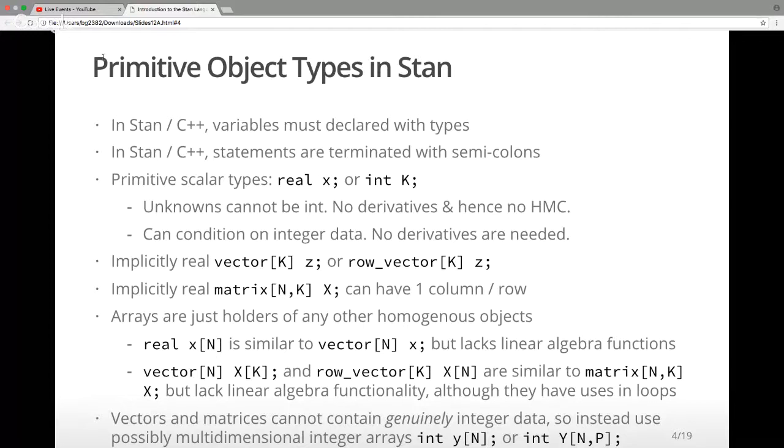This is basically declaring an integer array in 2 dimensions that has n rows and p columns, and you can then access the individual elements of y, by row, by column, etc. You just can't do matrix algebra on those either.